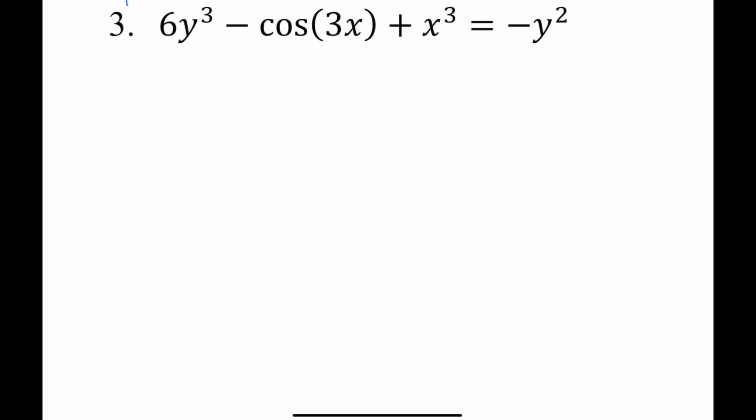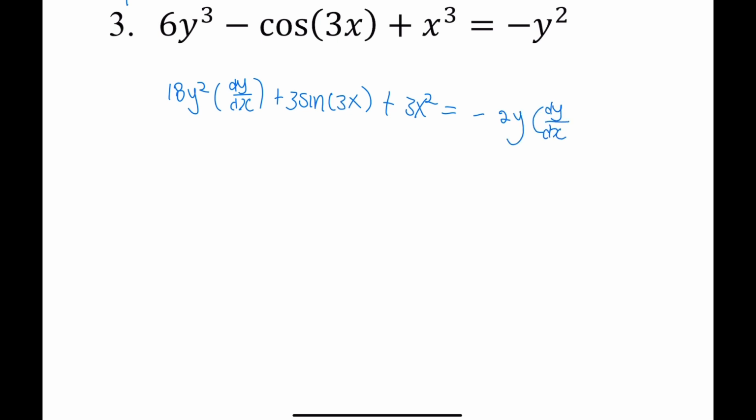For number 3, we have 18y squared times dy/dx plus sine 3x plus 3x squared equals negative 2y dy/dx.